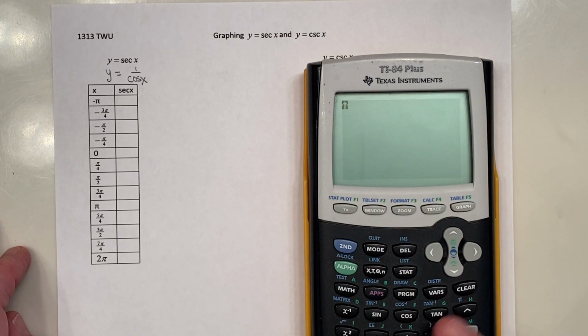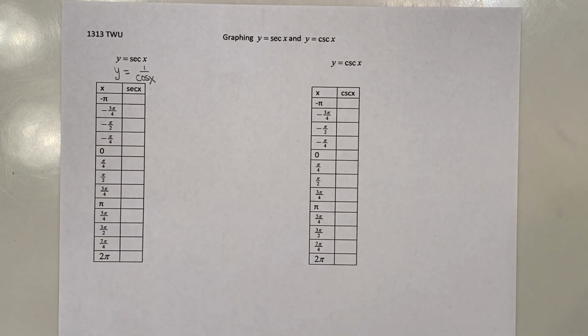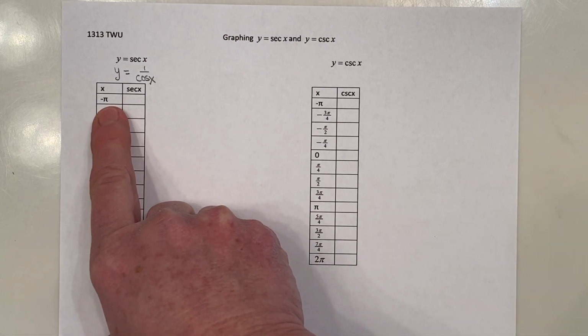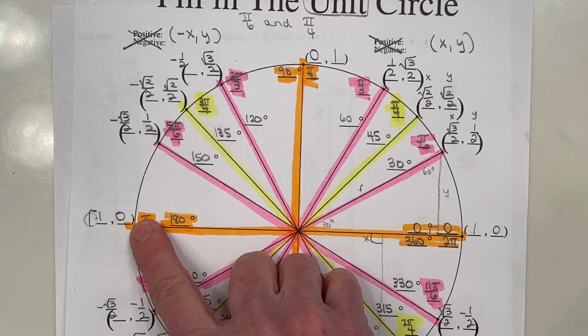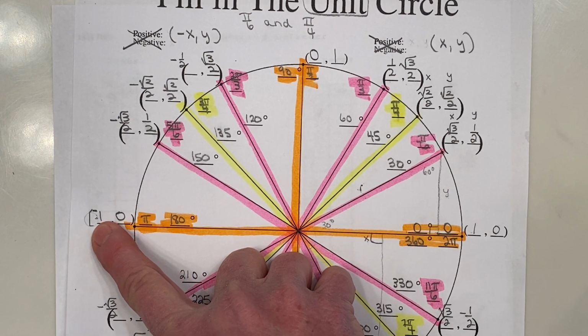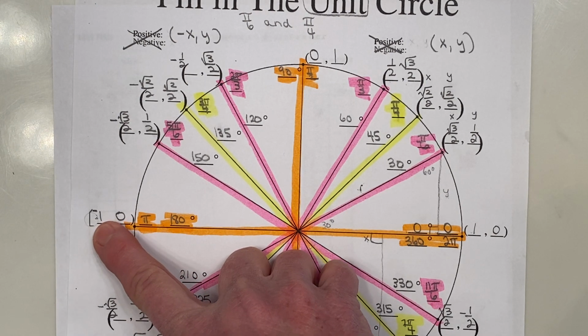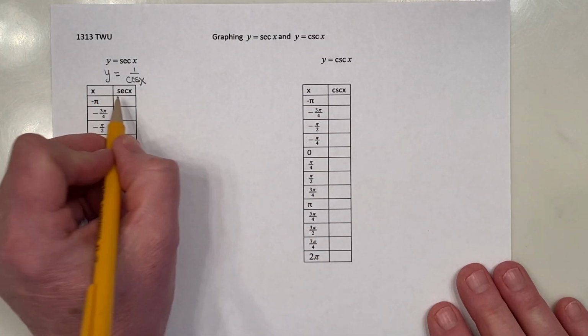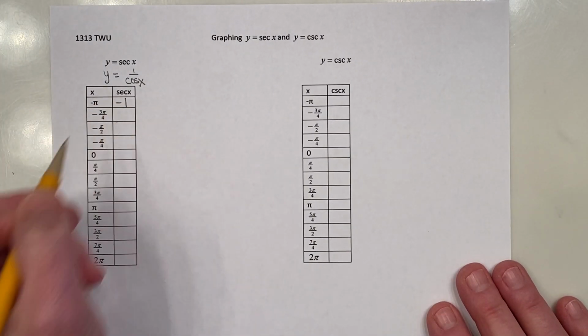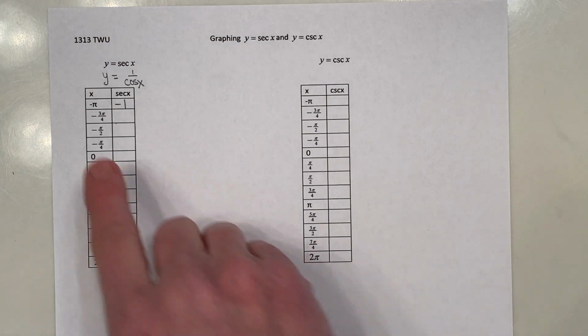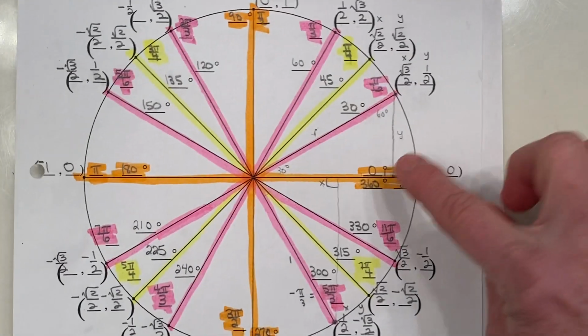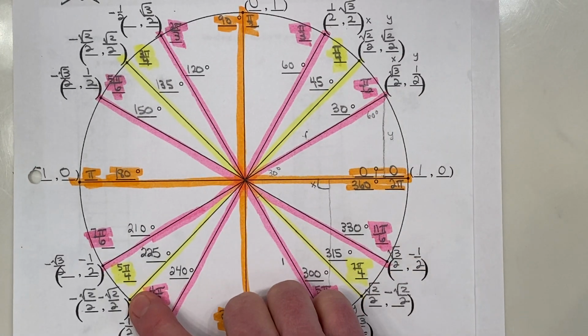All right, so let's go ahead and fill out our t-chart and then plot by hand. So we're going to need the unit circle again. If x, the angle, is -pi, we're over here. Secant's the reciprocal of cosine, so the reciprocal of -1 is -1. Let's go to -3 pi over 4 on the unit circle, which is right here.